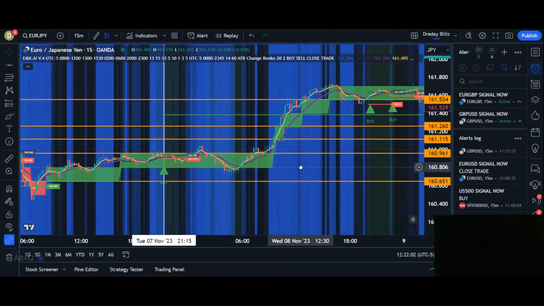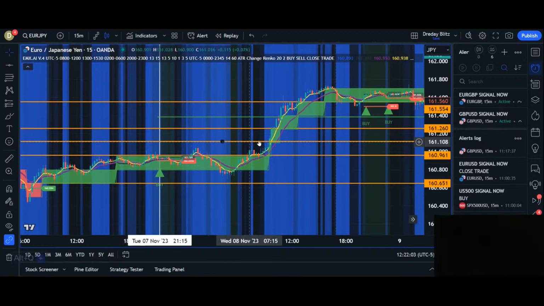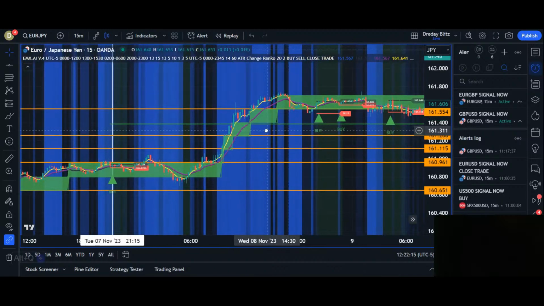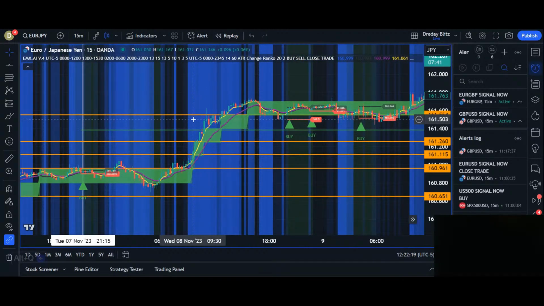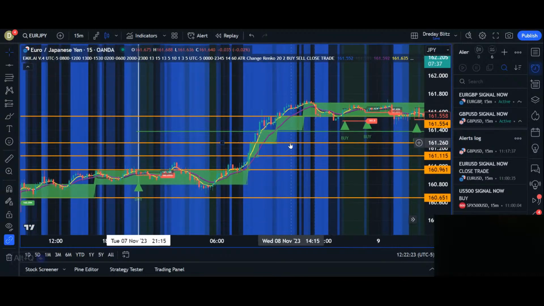So that means that the first TP would be roughly here. Then the next one will be here. And the third one will be here. So by doing that, you could automatically calculate the amount of pips that you should expect to get with that move.